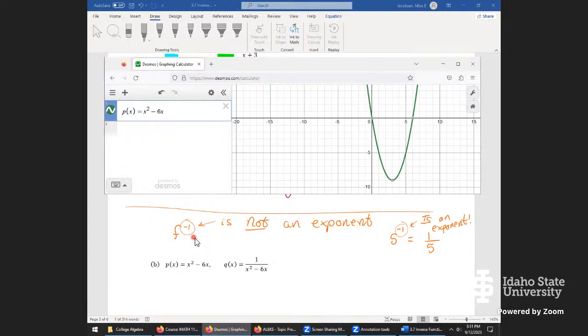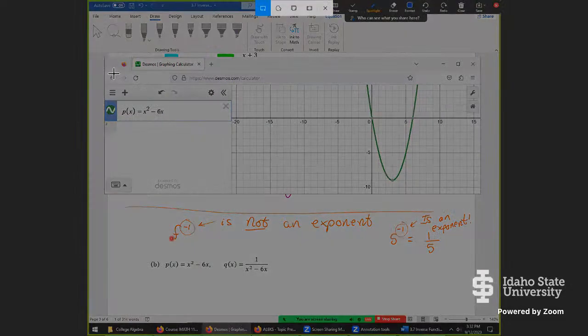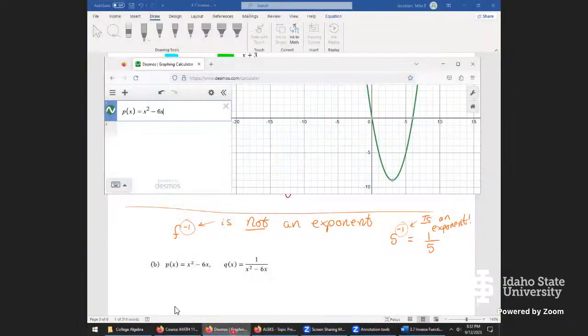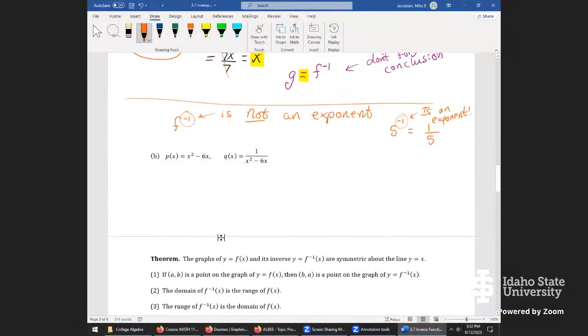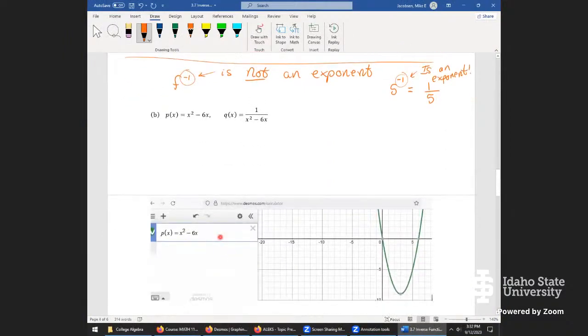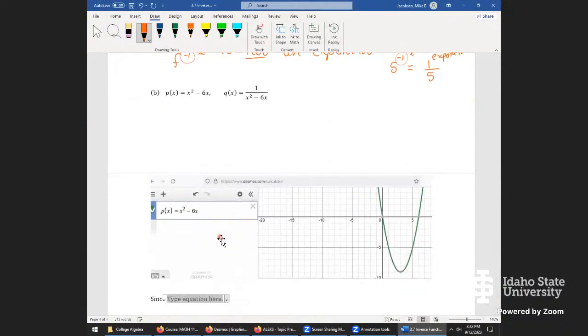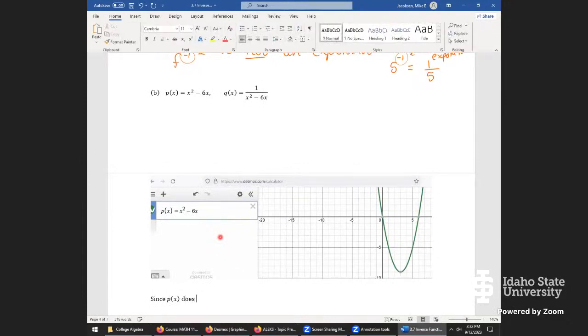Other questions at the moment? Okay, let me put this on our notes right here. We can say, since P of x does not pass the horizontal line test, it has no inverse.